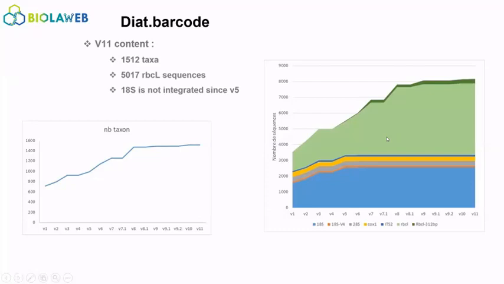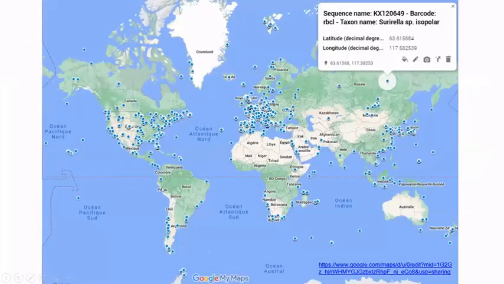Here we have a map of the different samples or cultures, the locations of the cultures, which were used to produce sequences and which are gathered in Diatom. You can click on a point and you will see, for instance, here the sequence name that is in NCBI.